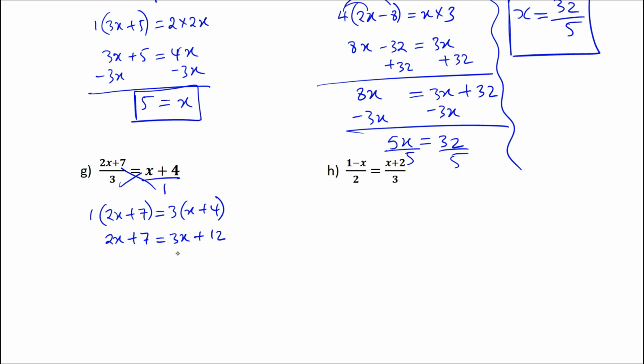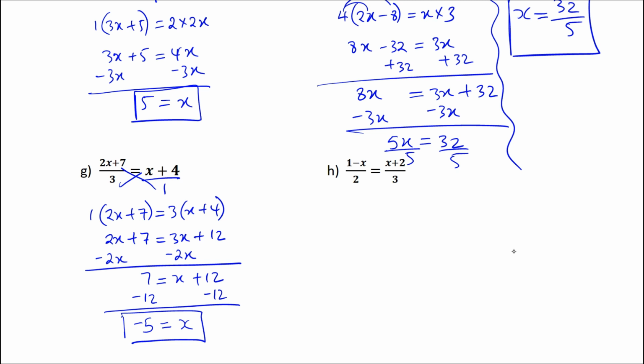Get rid of the smaller x. So subtract 2x from both sides. So you'll end up with 7 will be equal to x plus 12. And then subtract 12 from both sides. So you'll end up with x is equal to negative 5.